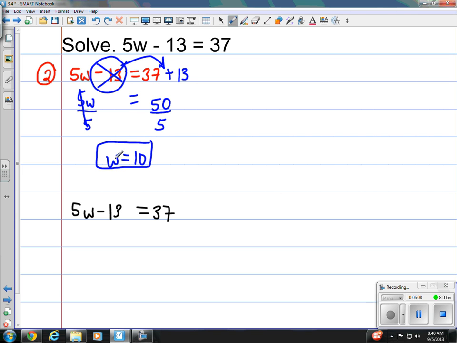We're going to replace w with 10, so it's 5 times 10 minus 13 equals 37. 5 times 10 is 50. Drop down our minus 13 equals 37. And lastly, 50 minus 13 is 37, and 37 equals 37, so we check.